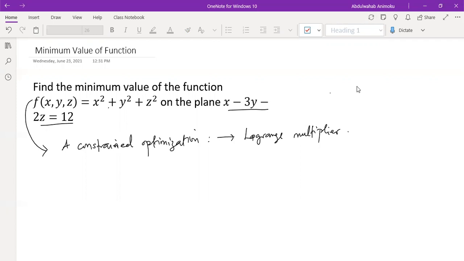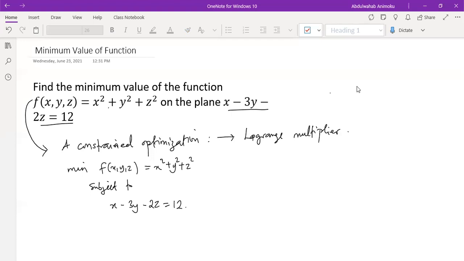We can reframe this as: minimize this function subject to x minus 3y minus 2z equal to 12. So we can reframe the question this way.